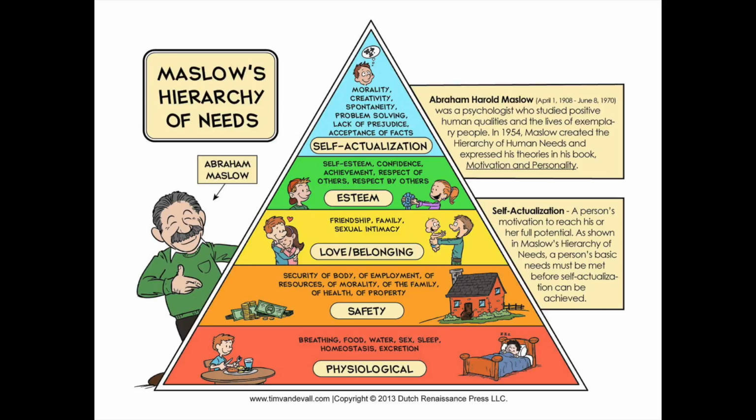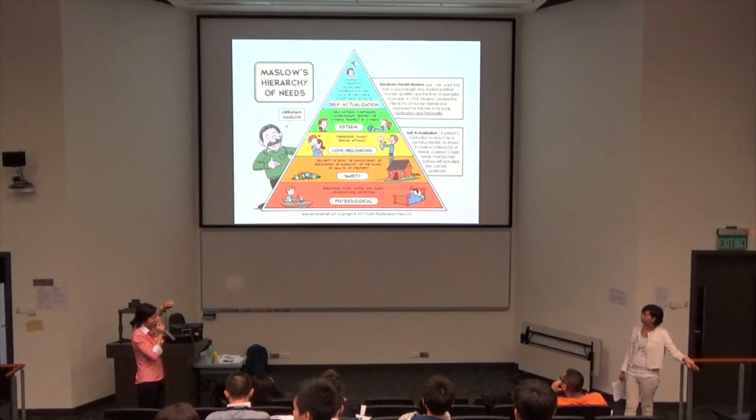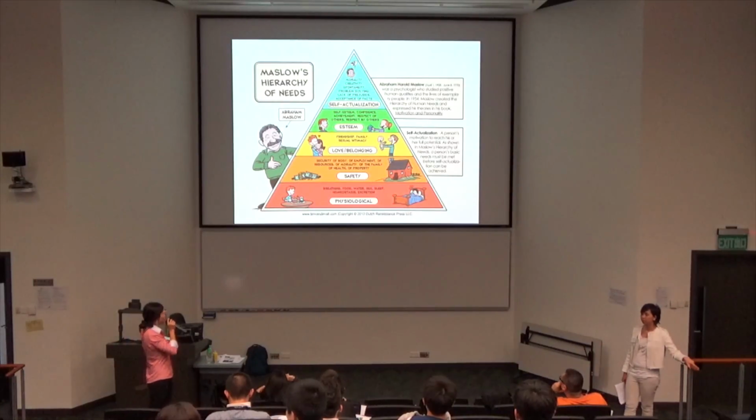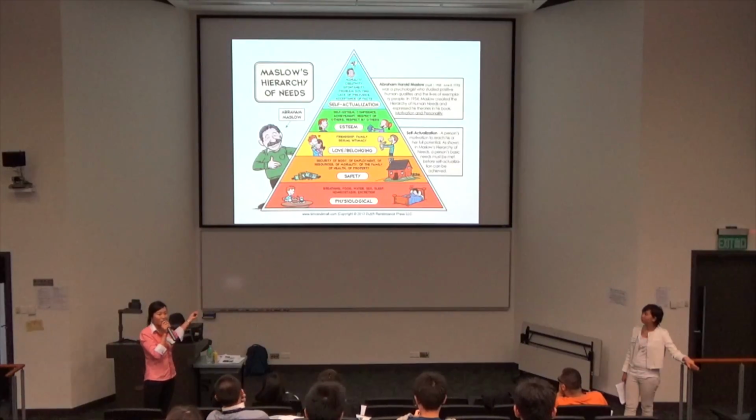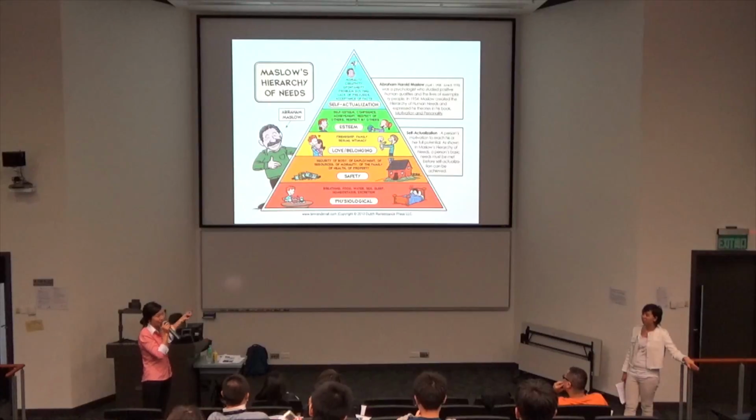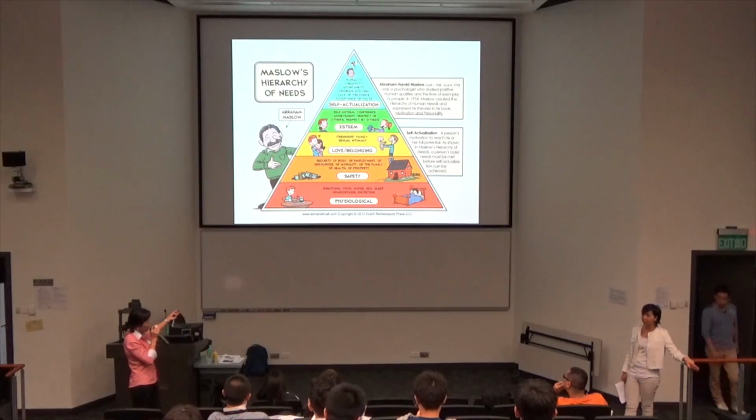Then you need safety, being loved, and self-esteem, to be confident. At the end of the day you reach self-actualization. You long for some artistic fulfillment. It's a classical theory about people's needs.